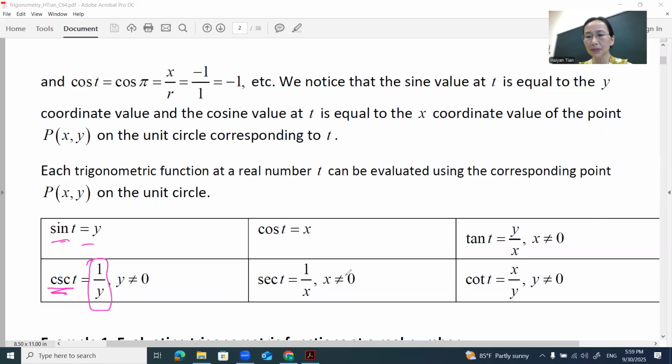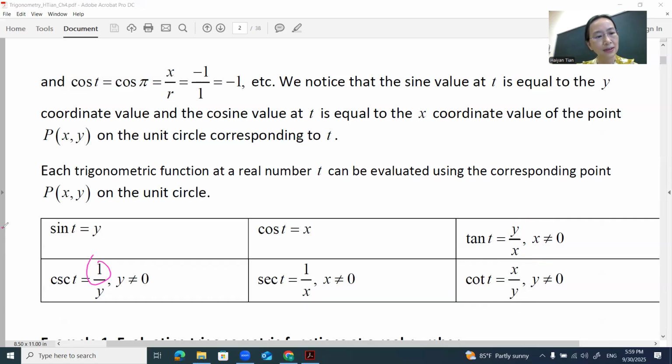So the formula is becoming simple, because whenever it is r over y, it becomes 1 over y due to the fact that the radius is 1. By the definition, secant is r over x, the radius is 1, so 1 over x is the secant. But for the cotangent, we still have to use x over y. So y over x for tangent, x over y for cotangent. But whenever the formula involves r, then it becomes 1.